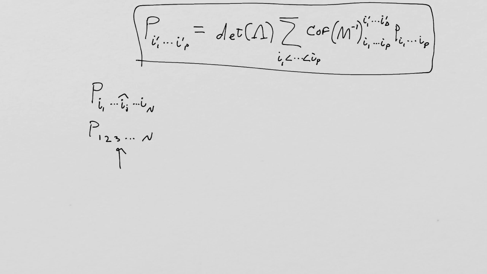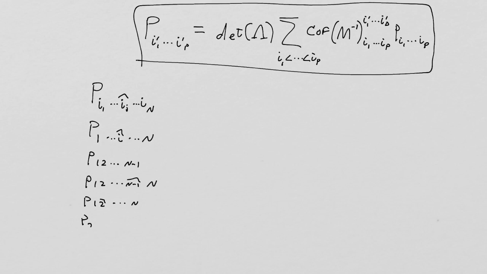So we would write that something like 1 ... omitted ... n. And there's going to be n of these, right? For example, 1, 2 ... up to n-1, where you omit n. Then there's going to be 1, 2 ... n-1 omitted, n. Then it goes all the way down to 1, 2 omitted, ... n.